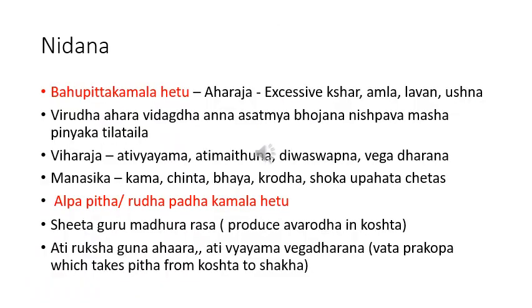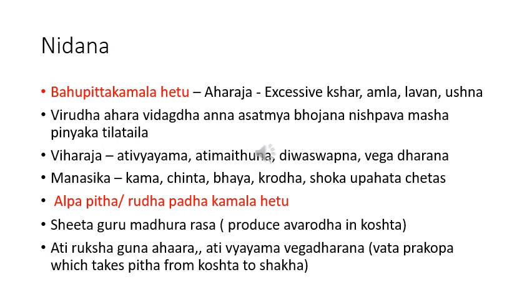And if we consider all the Nidanas in detail, we can say that the Bahu Pitta Kamala or the Koshtashraya Kamala is usually produced by Ahara reasons like excessive Kshara, Amla, Lavana, Ushna Aharas, which increase Pitta in the Sharira and vitiate Rakta. Then Viruddha Ahara, Vidagdha Anna, Asatmya Bhojana, and substances like Nishpava, Masha, Pinyaka, Tila, Taila, all these vitiate Pitta.